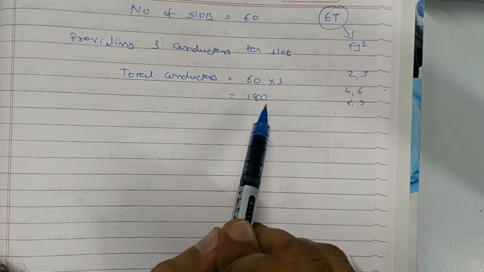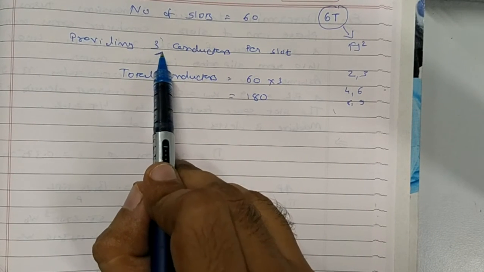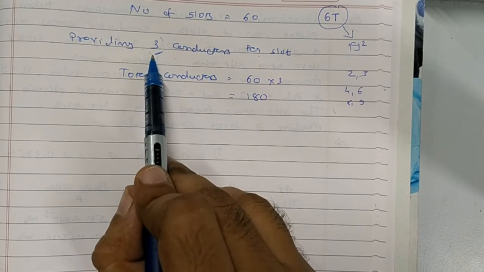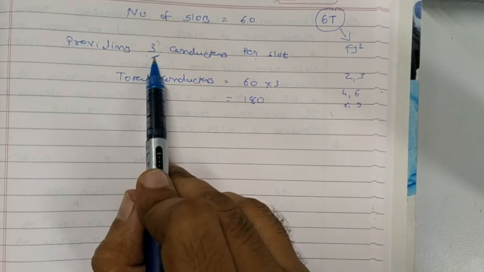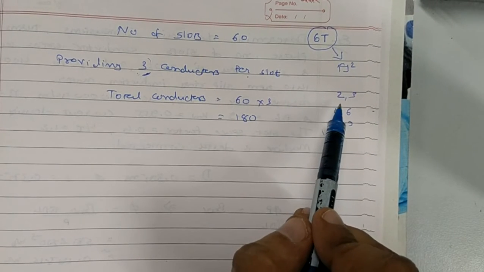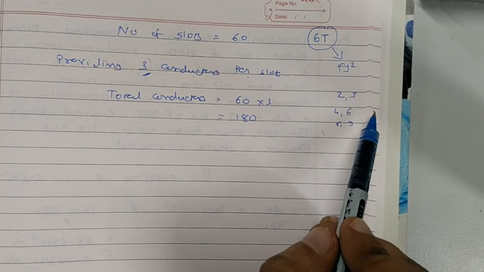So for this particular example, 3 conductors per slot is the number, but this doesn't mean that in all examples you will get the correct answer with 3 only. It can be any value out of these. You need to remember this.